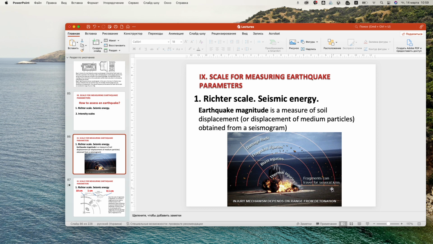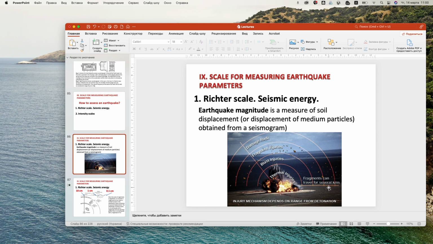When we are analyzing the consequences of the earthquake, we know that the farther we move from the epicenter, the less destruction we will find from the earthquake. Near the epicenter and near the hypocenter, we will find the most destruction, but at a distance of 100 or 200 kilometers, you will find less destruction of the buildings.